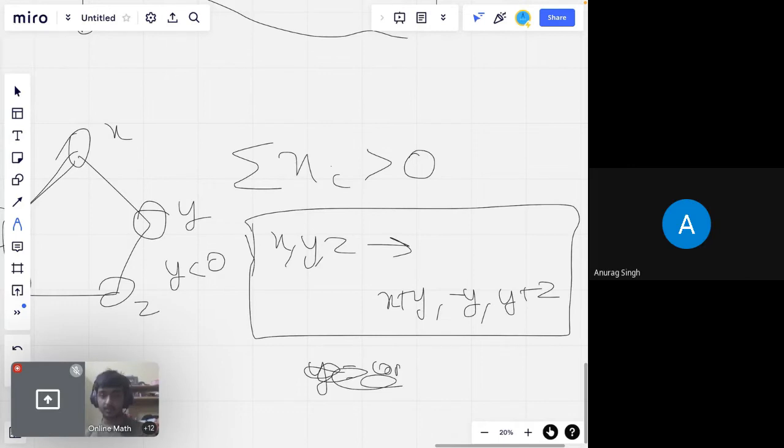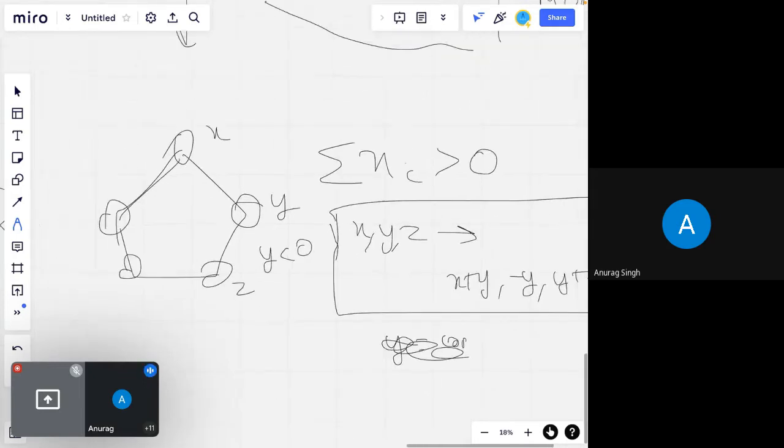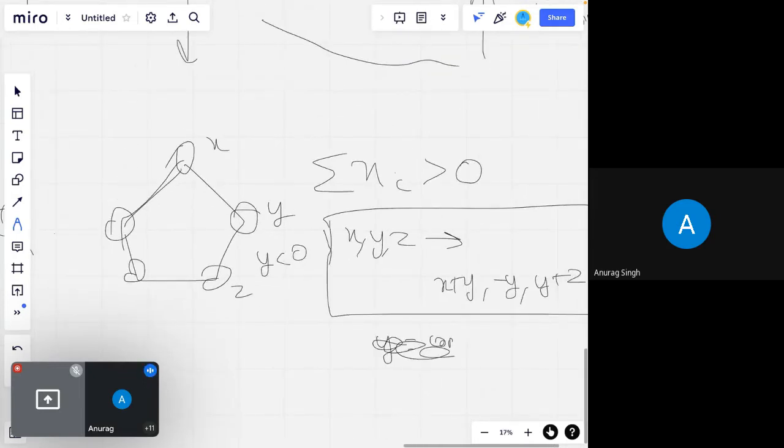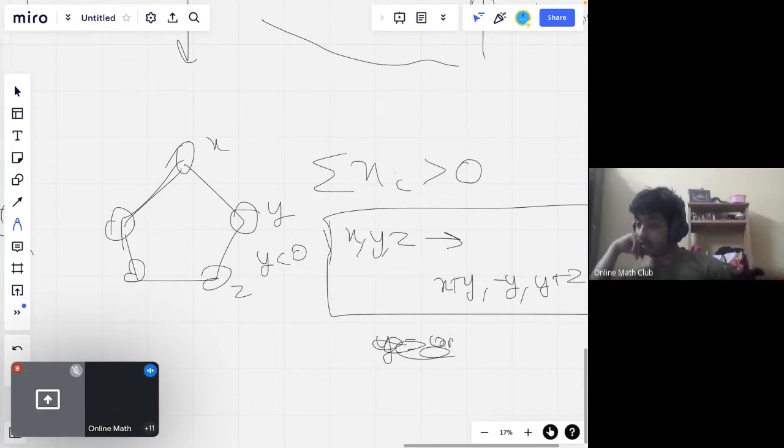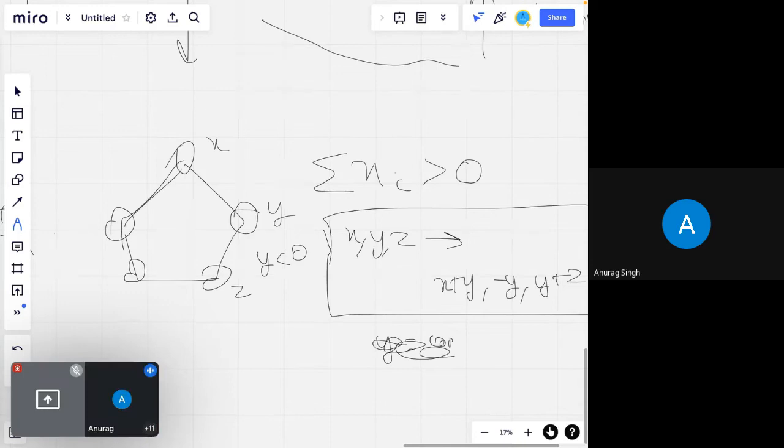Actually, I have a claim. Go ahead. The invariant was that the sum remains positive, as someone said. We are seeing that x plus y and y plus z, the first and the third term, are decreasing. So in magnitude, minus y has to also increase.